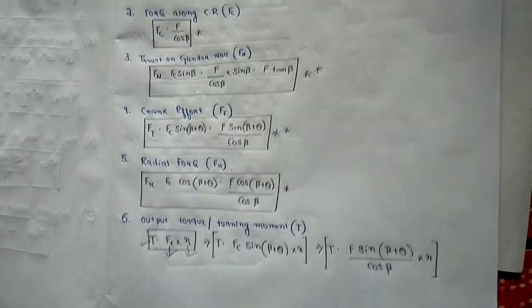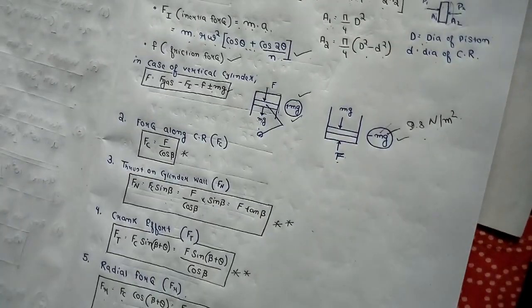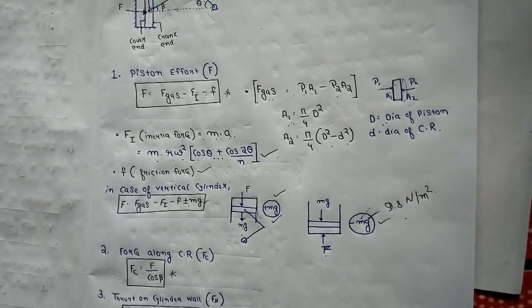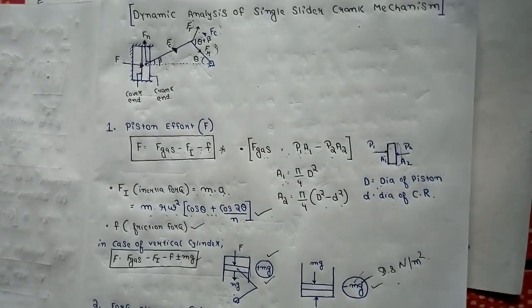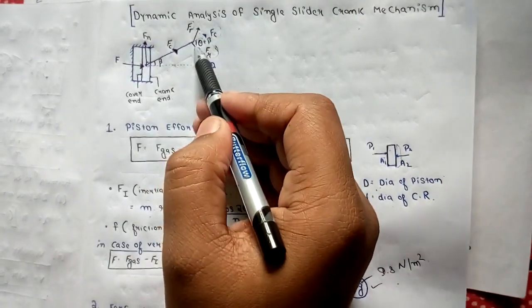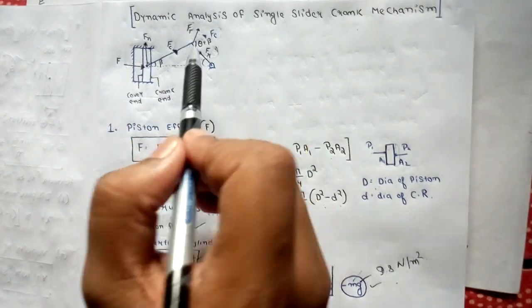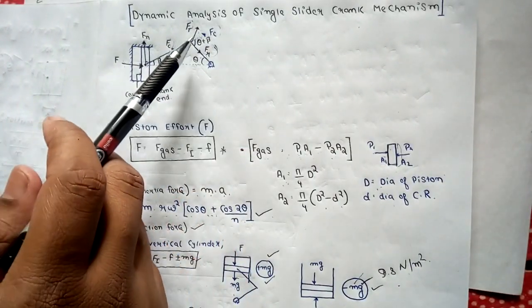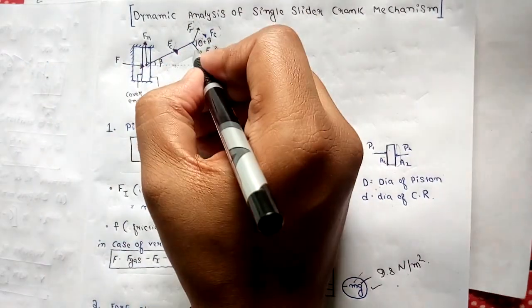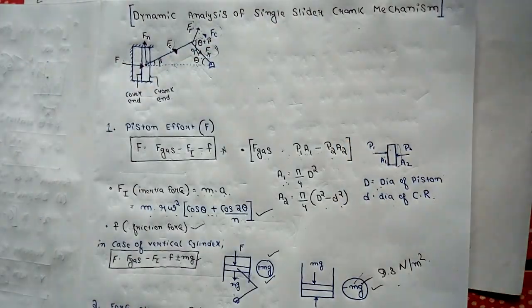As you can see from the diagram, this is Ft, which is the crank effort, and if you are asked to find the output torque, you simply multiply Ft into R, where R is the crank radius, right?